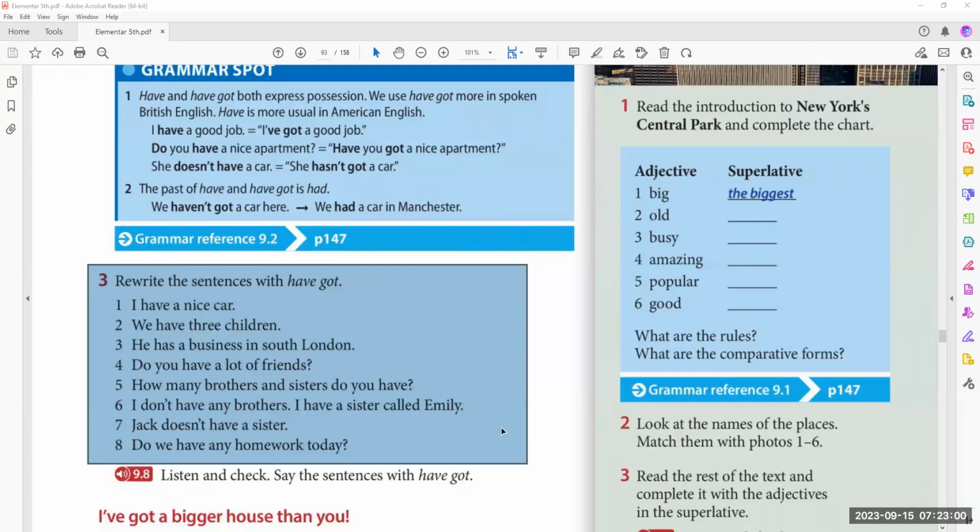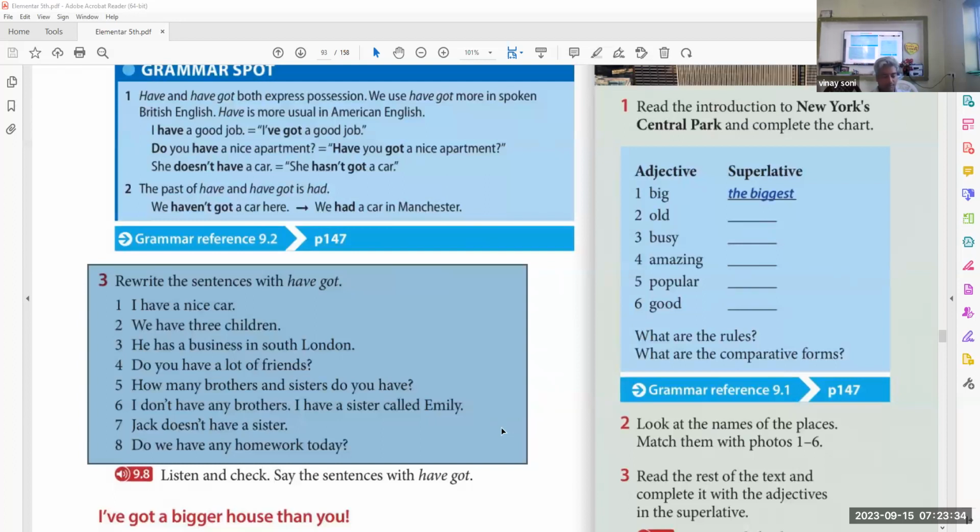Have got. 1, I've got a nice car. Repeat. 2, We've got 3 children. 3, He's got a business in South London. 4, Have you got a lot of friends? 5, How many brothers and sisters have you got? 6, I haven't got any brothers.